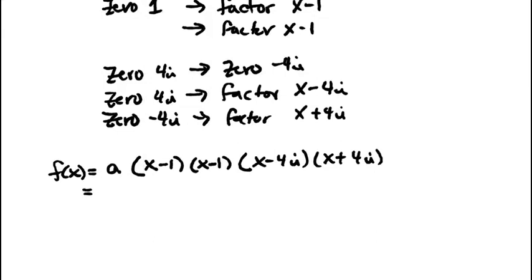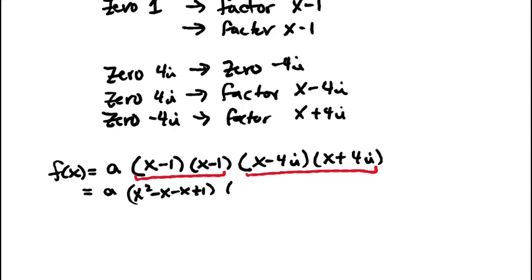I'll start to simplify this by multiplying, and I always like to multiply the conjugate pairs together because they form really nice expressions to work with. And I'll also multiply x minus 1 times x minus 1. So that would give x squared minus x plus 1. And if I multiply these conjugate pairs together, that becomes x squared minus 4ix plus 4ix minus 16i squared.